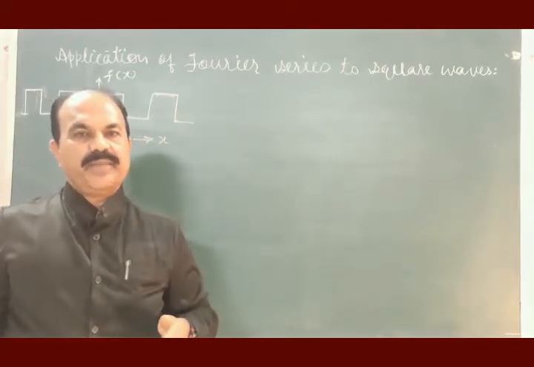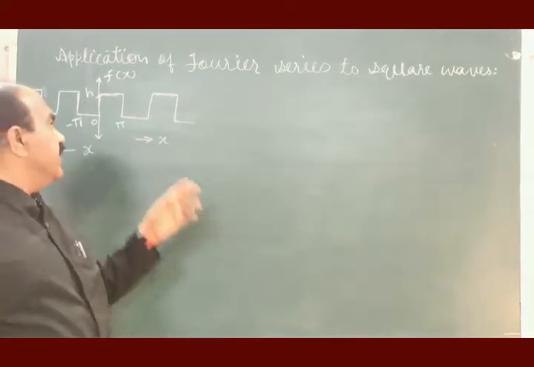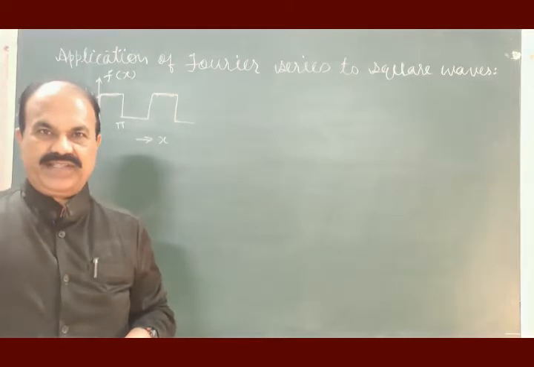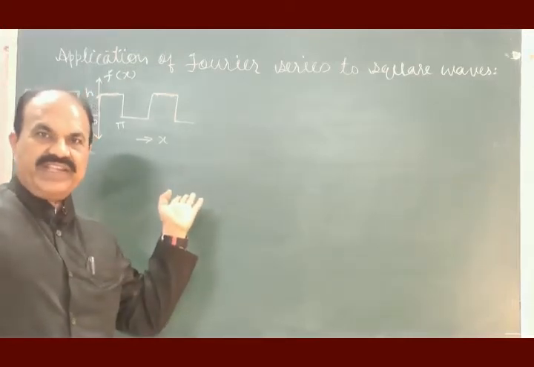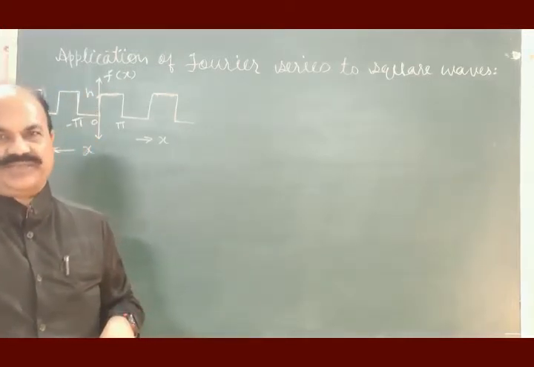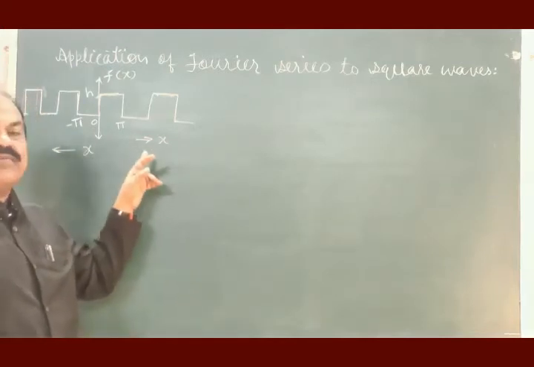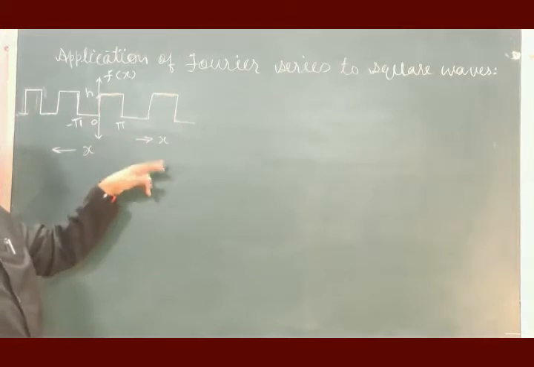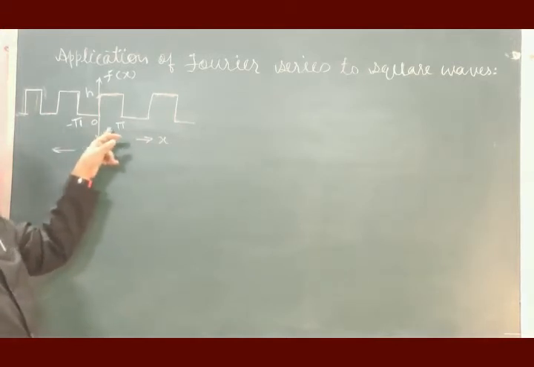In the graphical representation, instead of x, I have shown omega t. Here omega t is nothing but x. X is the variable taken on x-axis. This variable x is related with the phase.